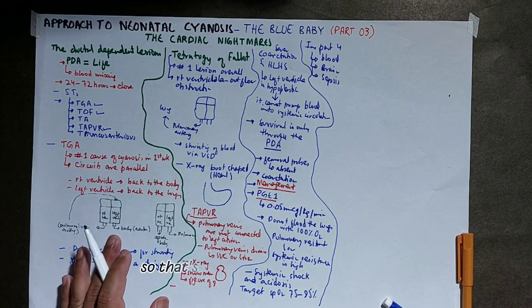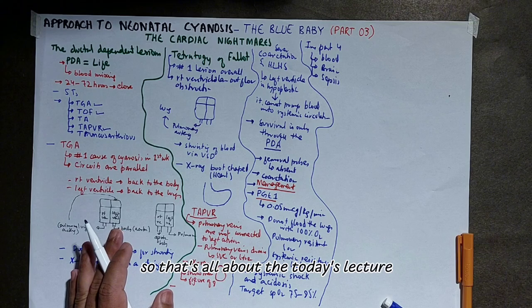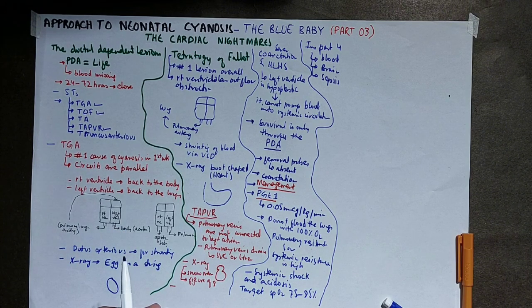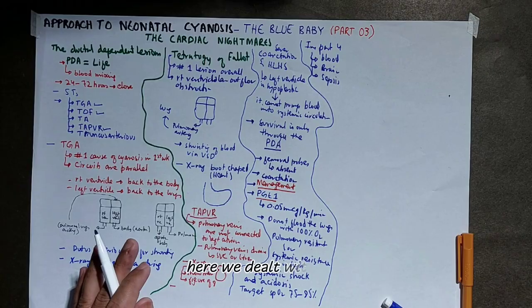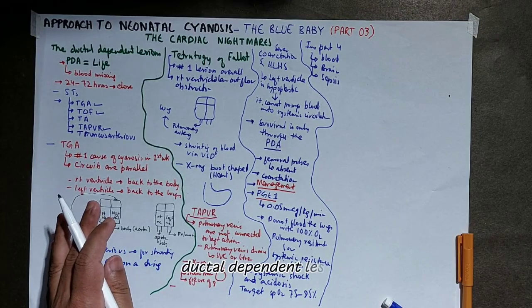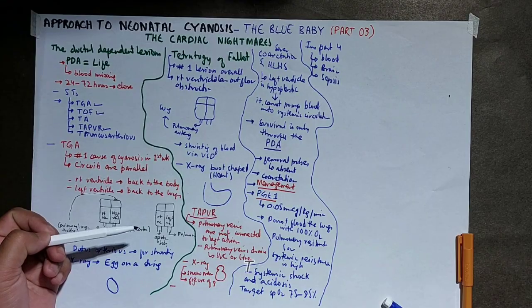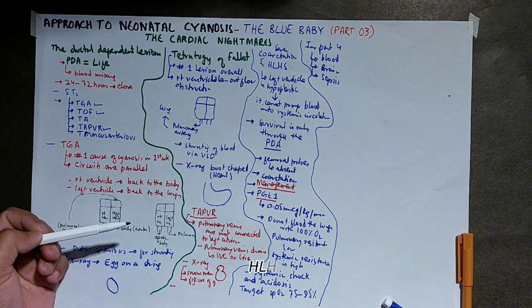So that's all about today's lecture, that is approach to neonatal cyanosis, the Blue Baby Part 3. Here we dealt with the ductal dependent lesions, that is TGA, Tetralogy of Fallot, TAPVR, HLHS.